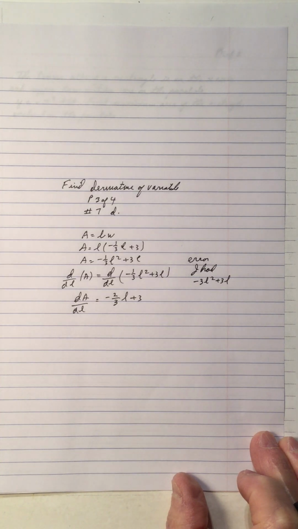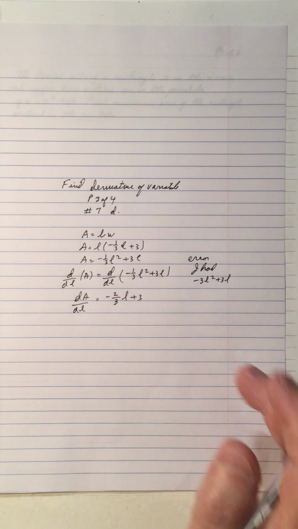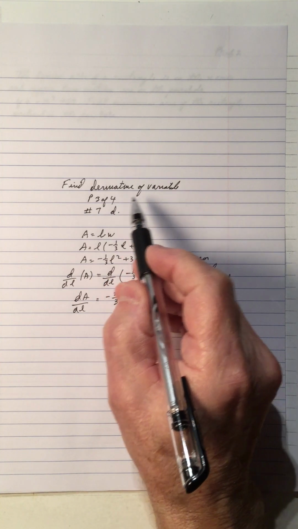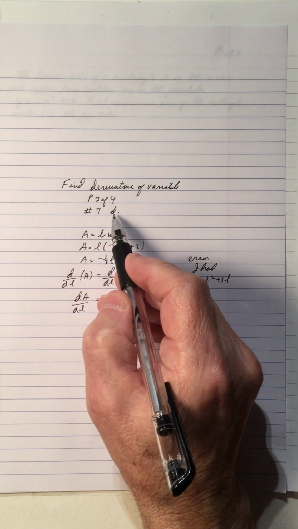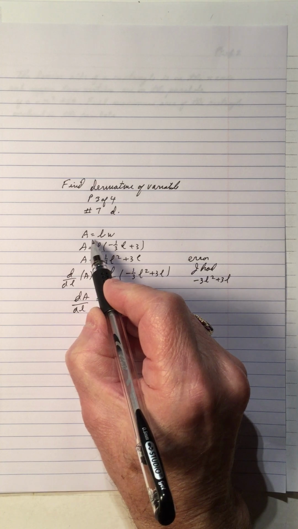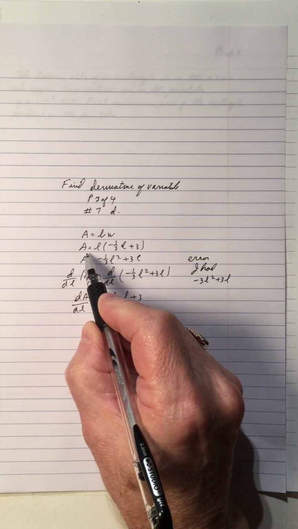But before I start the word problem, I want to apologize for the error that I made in the previous video, and that is finding the derivative of a variable, on page 3 of 4, number 7D. I had area equals length times width, and then I substituted the width in.